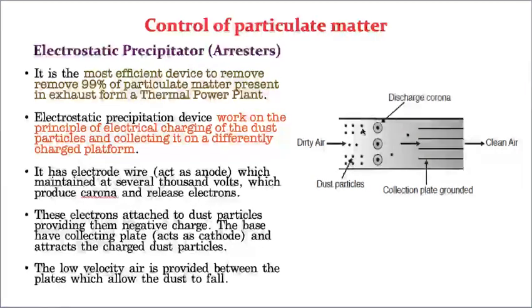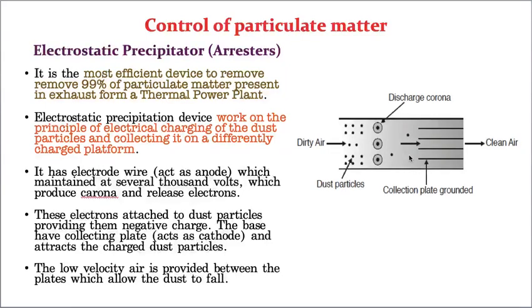Now these are charged dust particles, that means a dust particle plus an electron. When the air passes down here, follow my arrow mark, you can see one more plate which acts like a cathode. When the air passes, these dust particles associated with electrons will be attracted to this cathode.